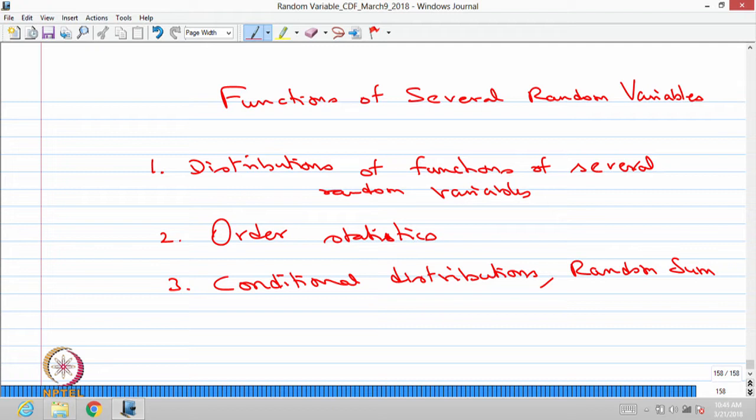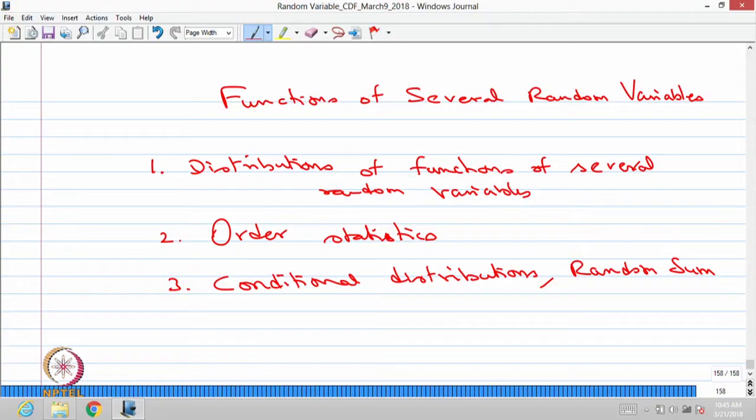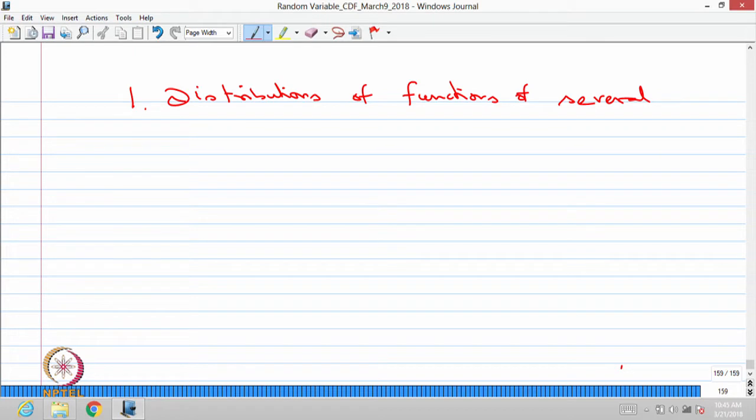So, these are all the three topics which we are going to cover in this model in functions of several random variables. The first lecture is on distributions of functions of several random variables.